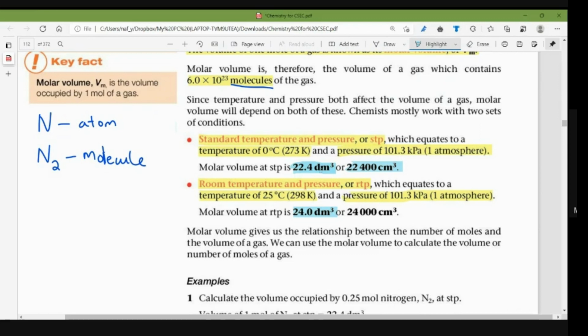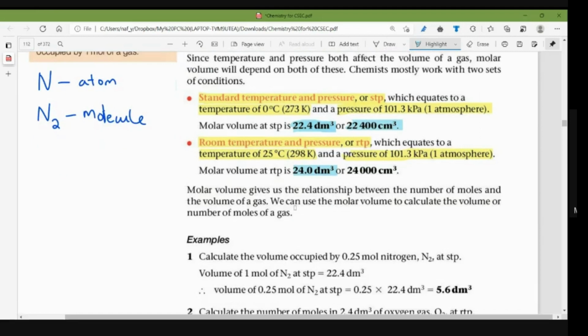If I have 6 times 10 to the 23rd particles of another gas, and I put it under the condition of 0 degrees again and 1 atmosphere, it is going to occupy the same 22.4 dm cube. Likewise for the room temperature and pressure.